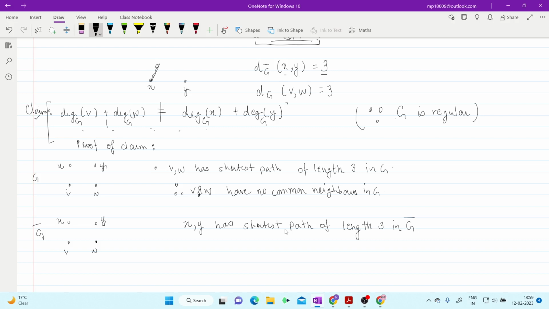So V and W is not an edge in G because their shortest path is 3, so V and W will be an edge in G bar. Similarly, X and Y has a shortest path of length 3 in G bar, so XY is not an edge in G bar, so XY will be an edge in G.